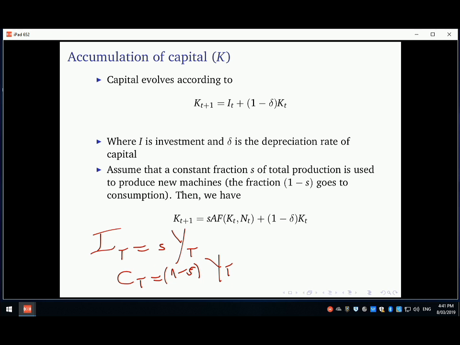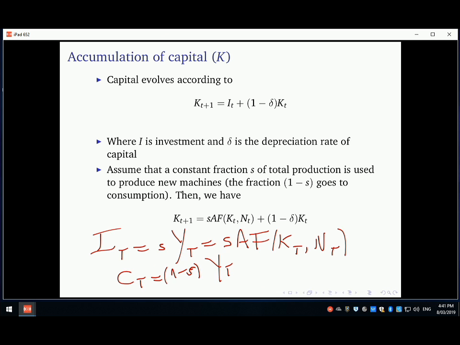We also know that Y_t is equal to this production function, so we can boil everything down to the properties of that production function. So that's an assumption. It's a very simple assumption, but it avoids complicating this from a mathematical perspective.